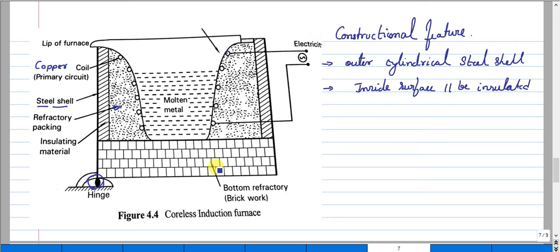And again we have the bottom refractory, that is a brick. So we are using brick in order to avoid heat escaping. The insulation will be a very bad conductor material that we are using.